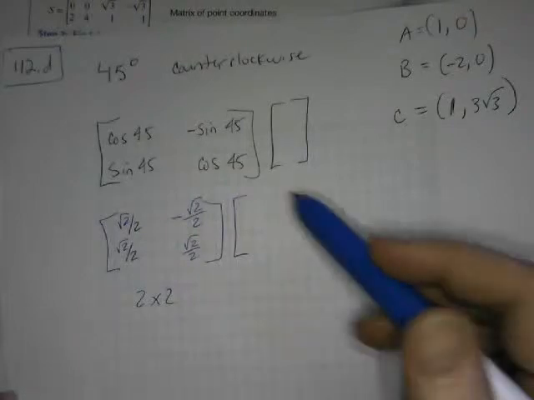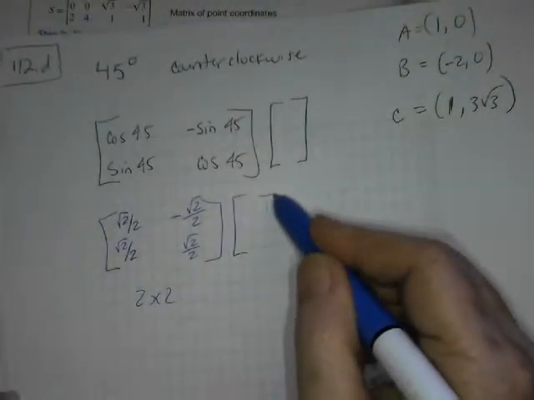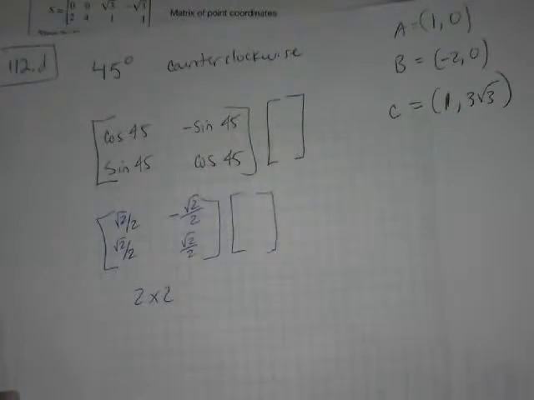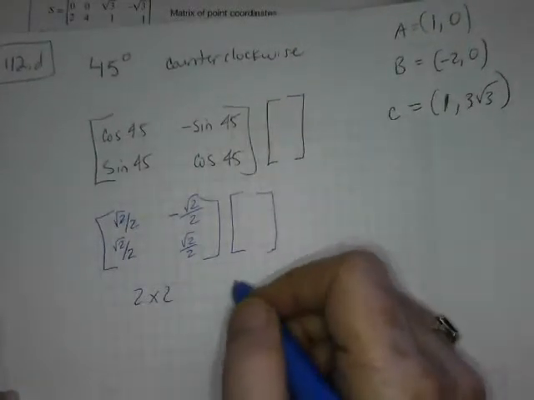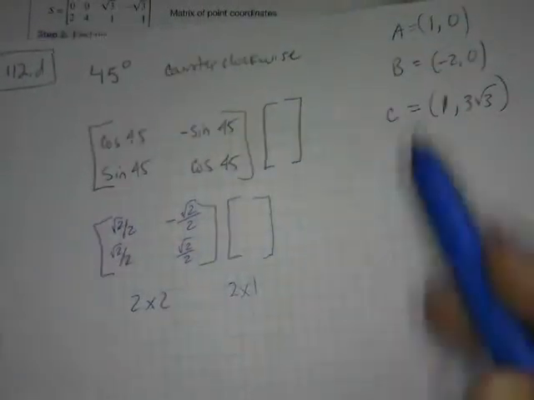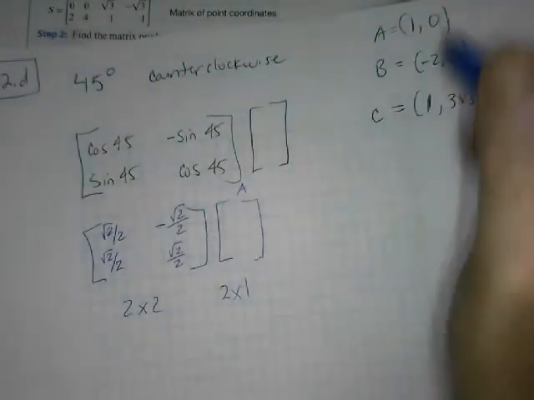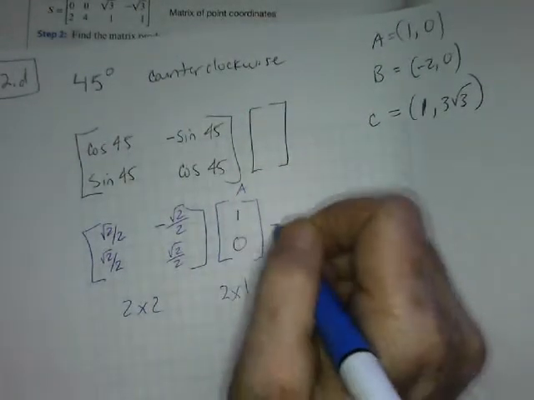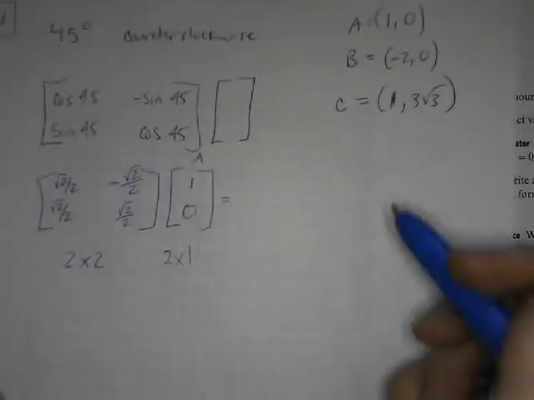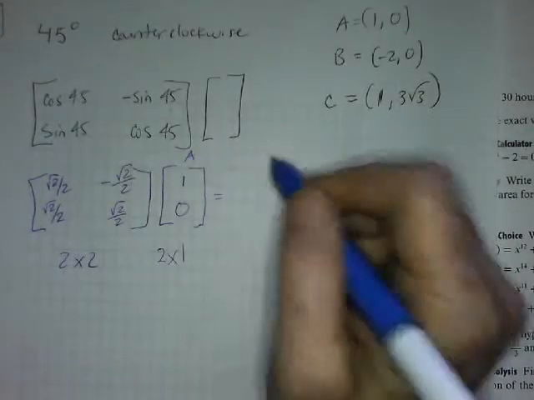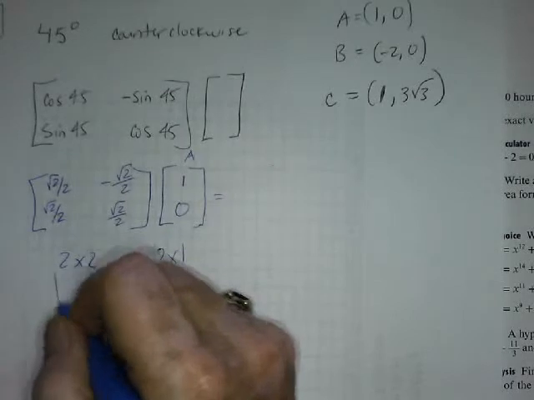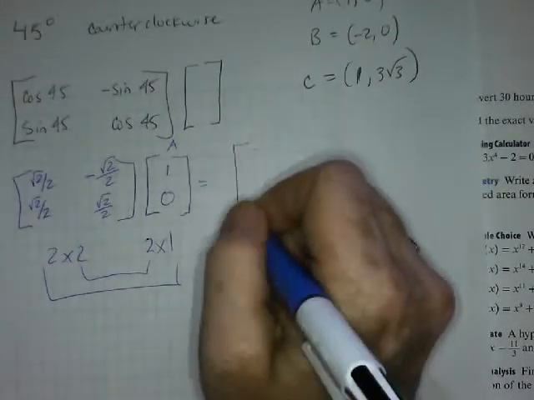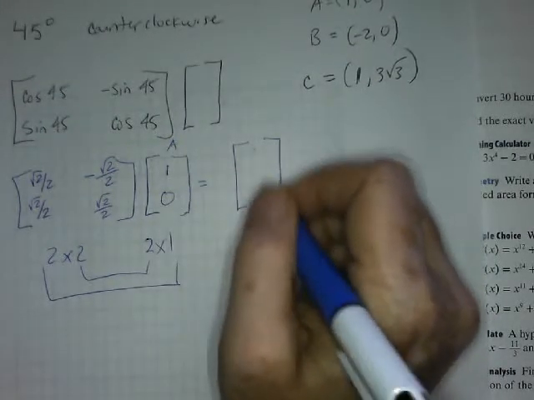But I've decided to keep it simple. I'm just going to multiply them separately. So I'm going to do a 2 by 2 and a 2 by 1, and first I'll do it for A. A is 1, 0. I just think it might be a little easier, a little less messy this way. So my answer is going to be a 2 by 1. It's just going to be an ordered pair, okay?